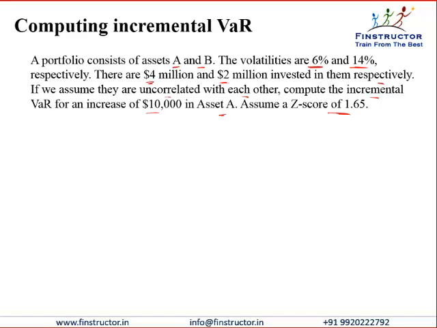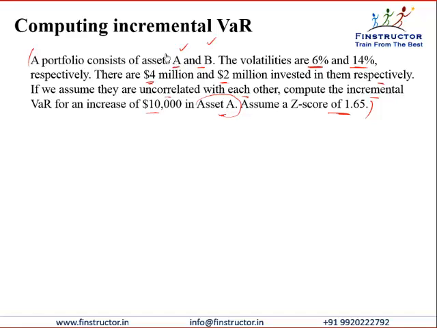So please note that we are given two assets, A and B, and we are increasing one asset itself. So the risk factors per se are not given, but the new addition is of an existing asset.